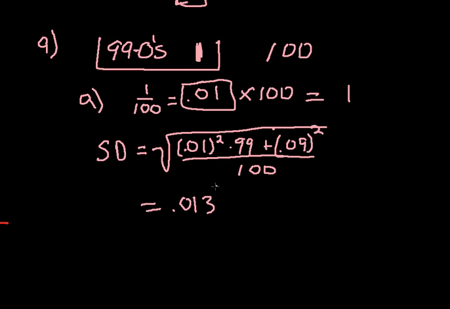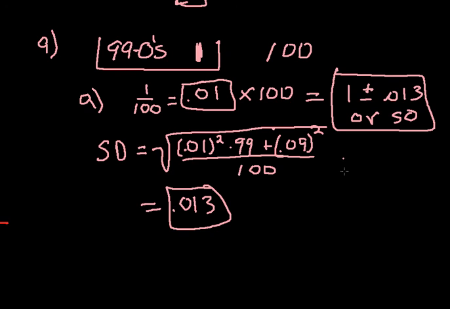And it's really going to be give or take 0.013 or so. So that's going to be false, unless, of course, I screwed up. Okay. B.